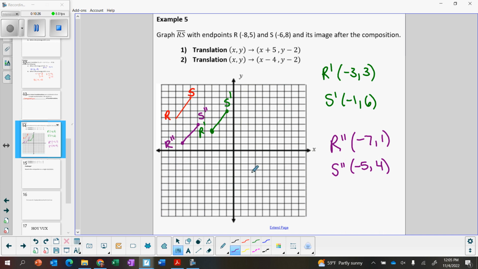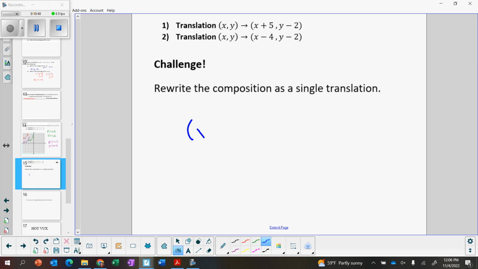So I'm looking at going from R to R double prime, which is to the right 1 and down 1, 2, 3, 4. And the same thing for S to S double prime: right 1, down 1, 2, 3, 4. So that tells me that my single transformation would be +1 and -4.